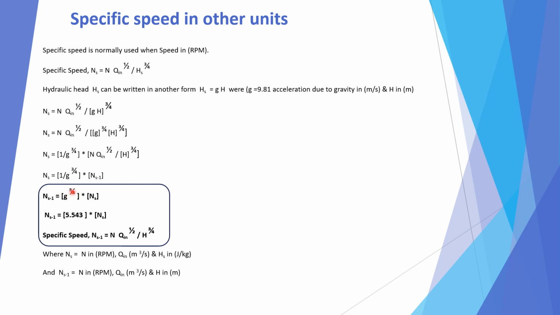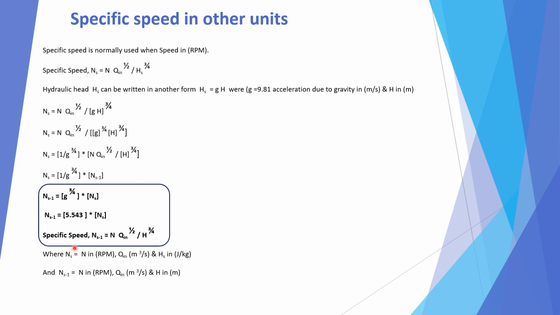So Ns is equal to 1 by g to the power 3 by 4 into Ns1, or we can write Ns1 is equal to g to the power 3 by 4 into Ns, which after putting in the value comes to 5.543 into Ns.